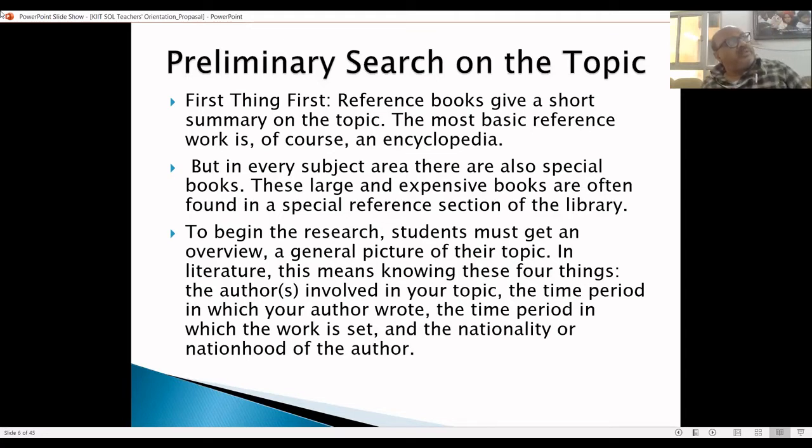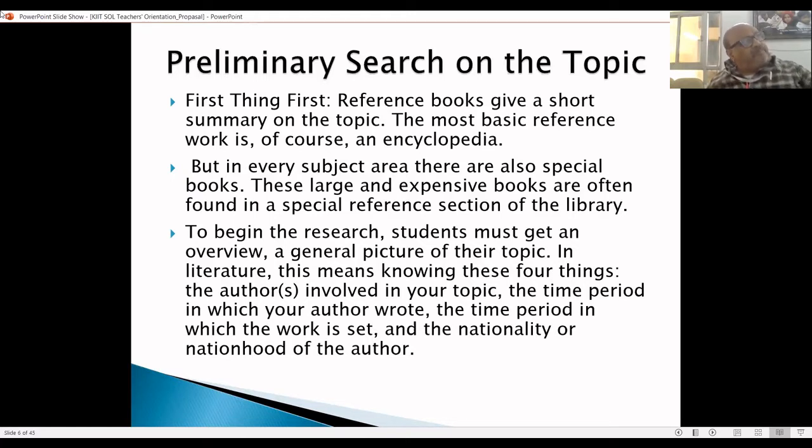They come to know so many things, and besides, they also provide a bibliography at the end of the entry. So when they read this stuff in the encyclopedia or a reference book and then follow up the bibliography, slowly they start coming to know the topic in a better way. So this is why I have emphasized this.